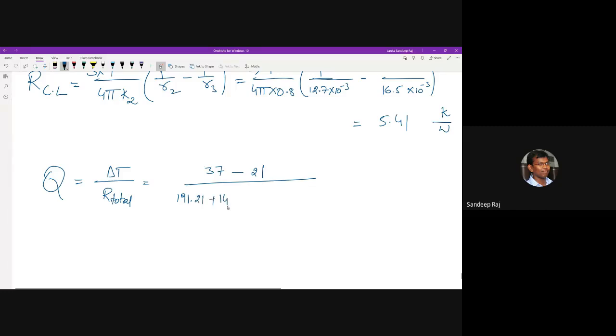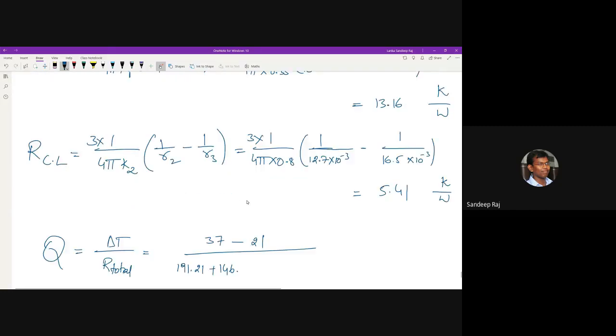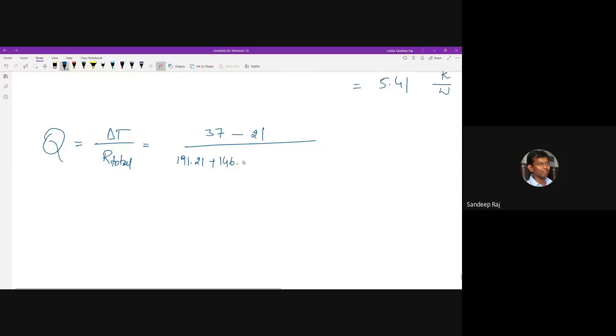plus 146.14 plus 13.16 plus 5.41. Tell me what is this value. And mind you, this is Q with the contact lens.